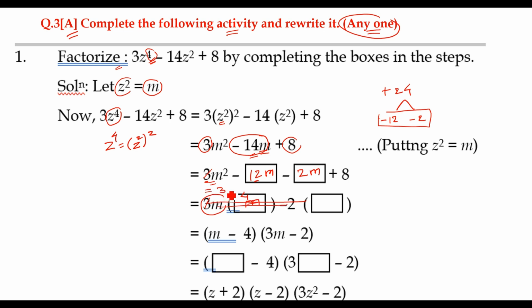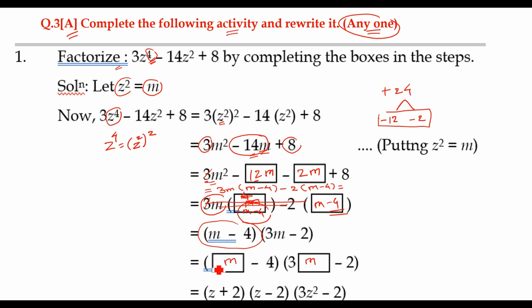We can take 3m common, then in the bracket m minus 4 will remain. Here we can take minus 2 common, then in the bracket m minus 4 will remain. Now m minus 4 is common in both brackets, so this will be m minus 4 times 3m minus 2.